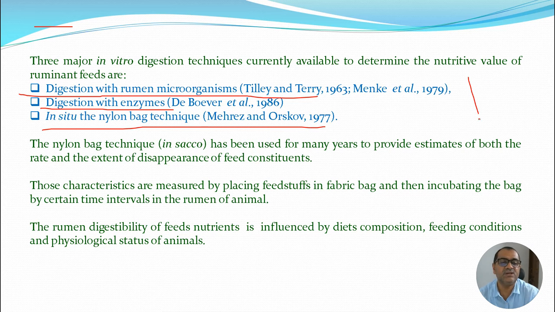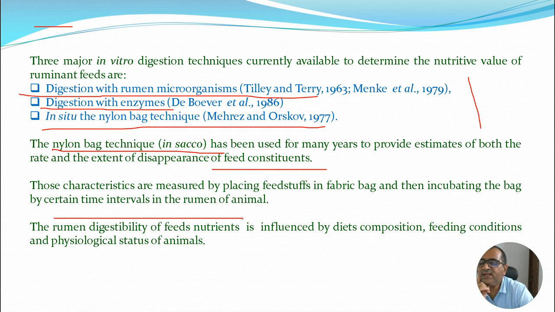So these are the three different techniques by which the digestibility of different feed ingredients is calculated. The nylon bag technique in situ has been used for many years to provide estimates of both the rate and extent of disappearance of feed constituents.